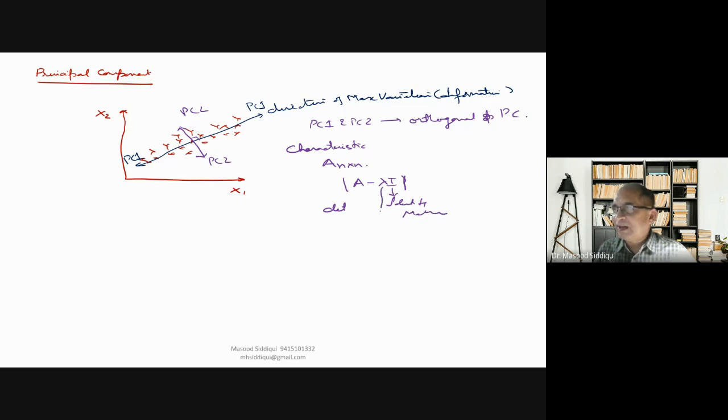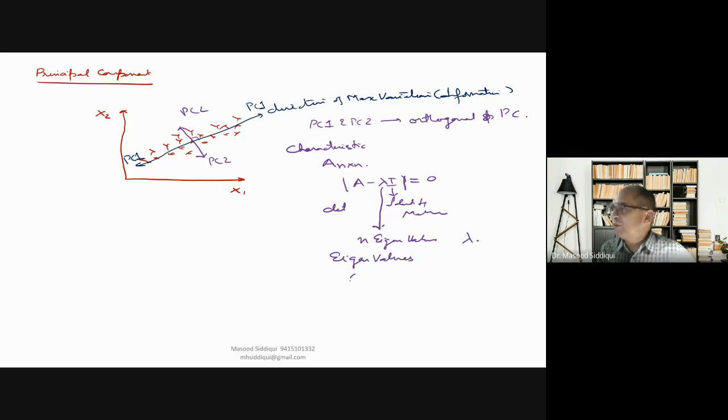And this lambda is the n eigenvalues. And we solve this for the different lambda, right? So these lambdas are known as eigenvalues.